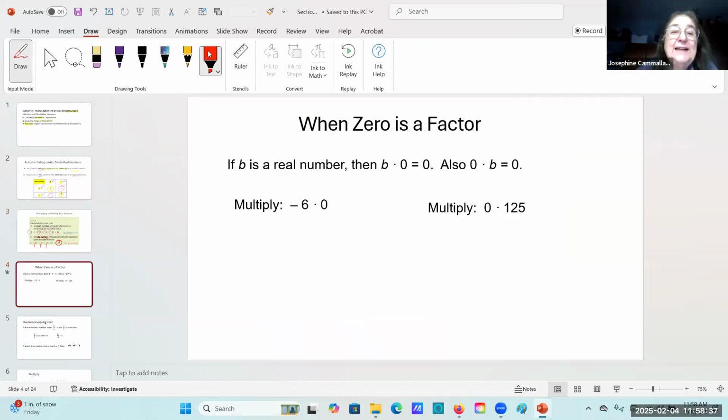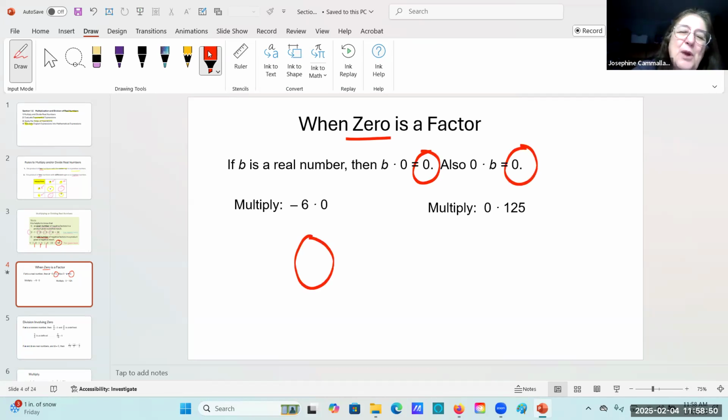Now, there's also a little catch. When 0 is a factor, you're always going to get 0 as your answer. But it's not going to be a positive, and it's not going to be a negative 0. It's just 0. Okay?